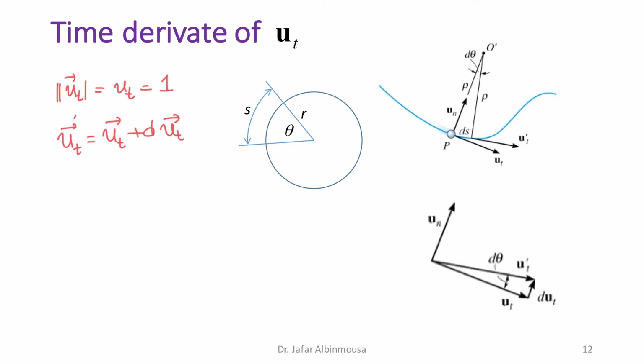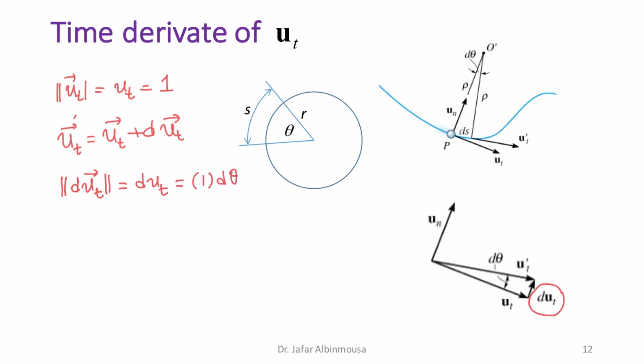And now, if we look carefully at this du_t and calculate its magnitude, then it is equal to 1 multiplied by d theta.